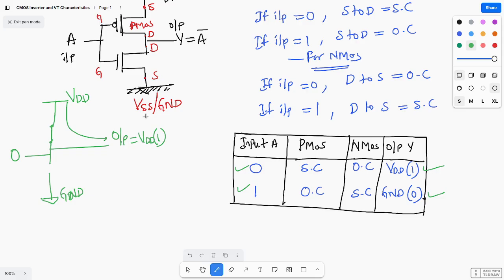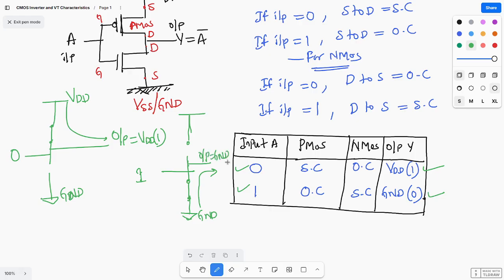Okay. And when the input is 1, we'll see what happens. The PMOS will be an open circuit and the NMOS will be a short circuit, and this is connected to ground. Here you are giving 1 as input. You are getting the output, that means the ground is connected to the output.